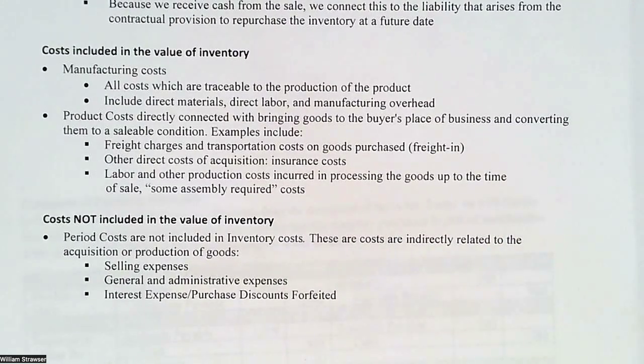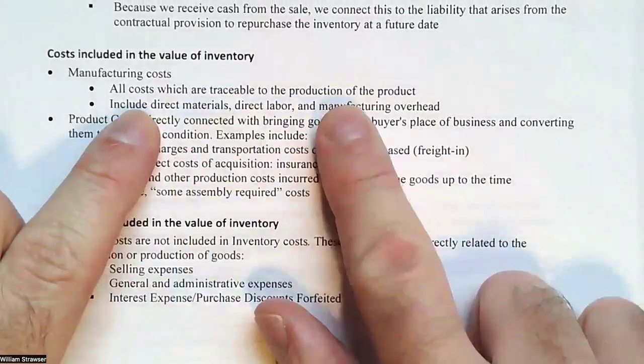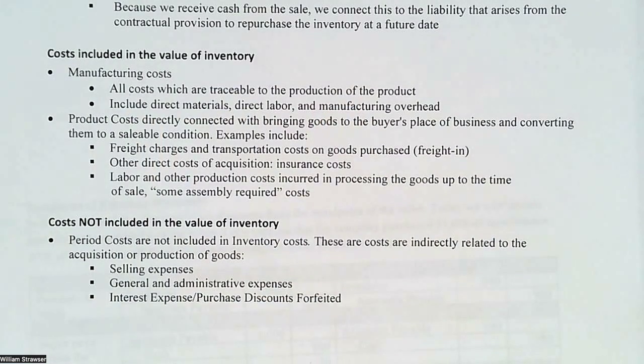Costs that are included in the value of inventory. So what do we want to put in that inventory account? All costs traceable to the production of the product, direct materials, labor, etc. Those are the manufacturing costs. If we're talking about product costs, bringing the item to my place of business, any insurance or freight that was required on the way in.